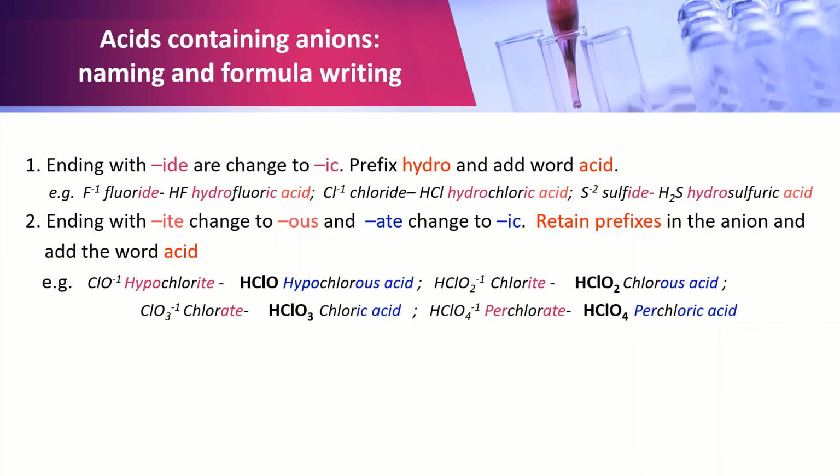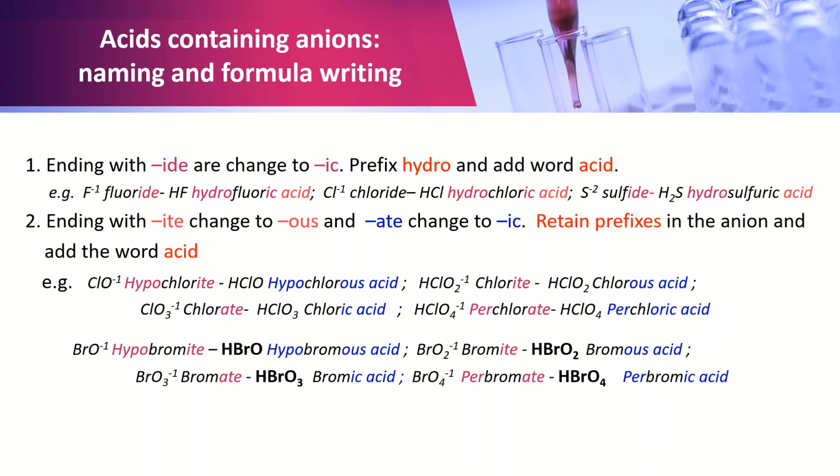Second, anions ending with ITE change to OUS, and ATE endings change to IC. Retain prefixes in the anion and add the word acid. For example, in HClO, it is hypochlorous acid. HClO2 is chlorous acid. HClO3 is chloric acid, and HClO4 is perchloric acid.